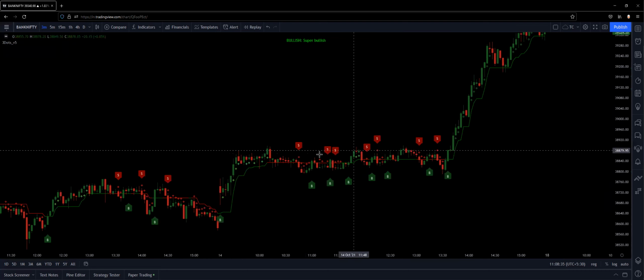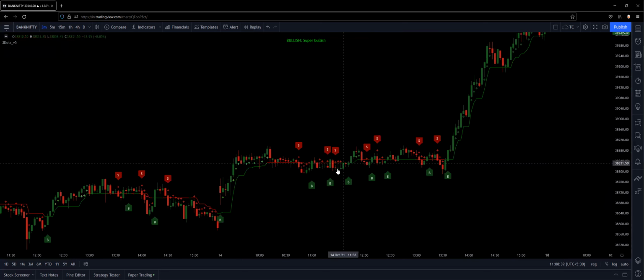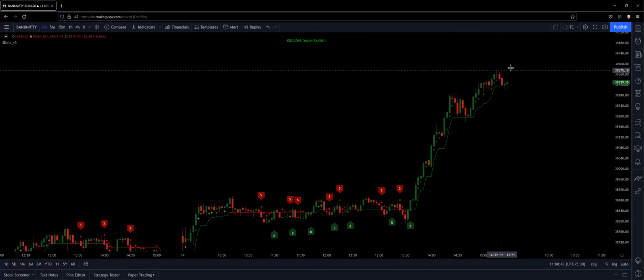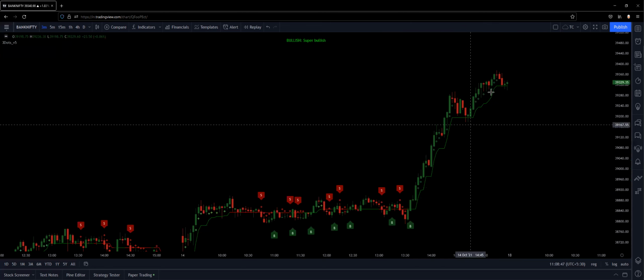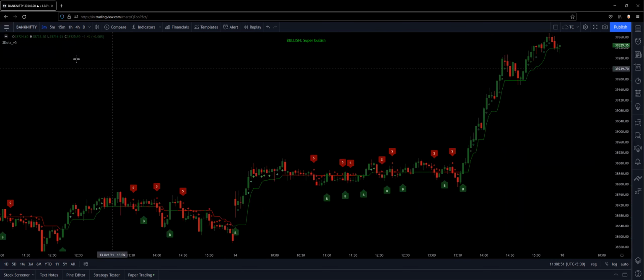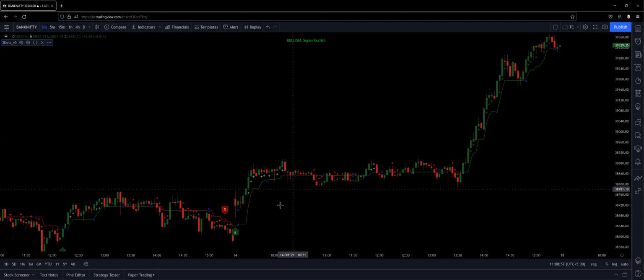Even though there might be some 3-4 stop losses here, if you see, this one trade should have taken all these stop losses out and with a huge profit, right? If you don't want to do that, just go for avoid signals on a range bound market and you will see this.